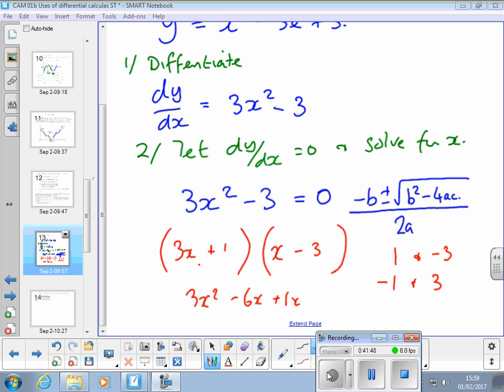That doesn't equal no x's, does it? So that's no good. We could put the minus 3 in there and the 1 in there. What do we get? 3x squared plus 3x, minus 3x. Well, that's looking promising. Minus 3. Those two cancel out. We're back where we started.